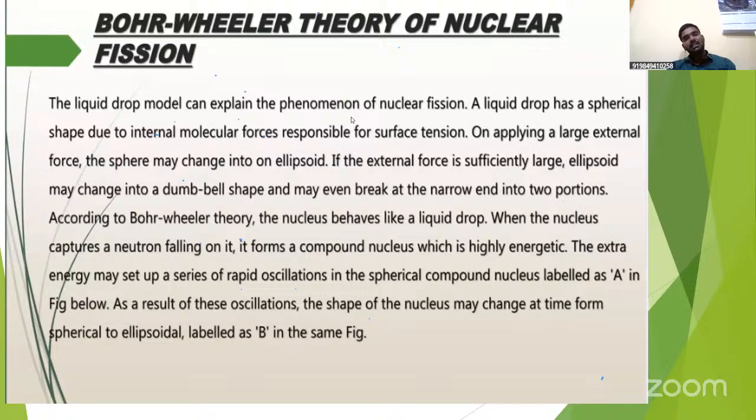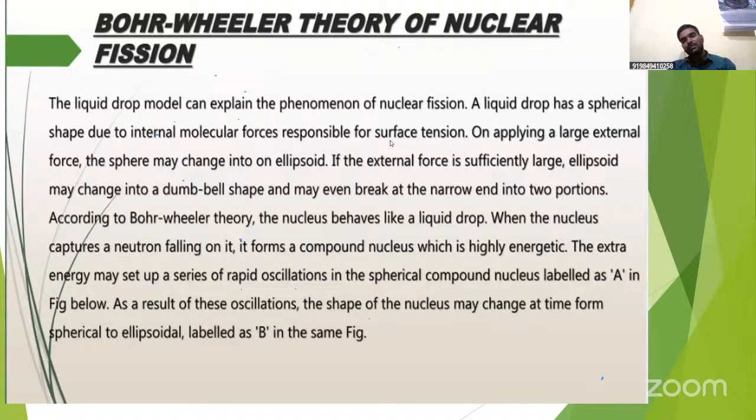So, the fission of the nucleus is explained by comparison with the liquid drop. As the nucleus size increases, it will fission and break into lighter ones. When the liquid drop is spherical in shape, the surface tension is responsible.